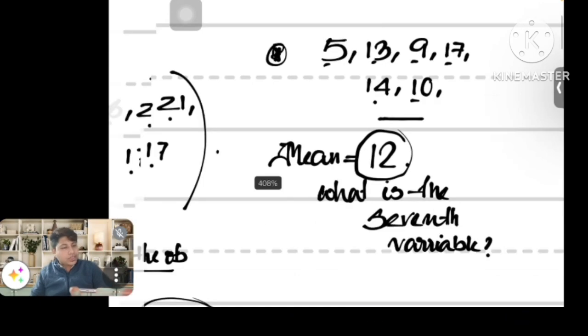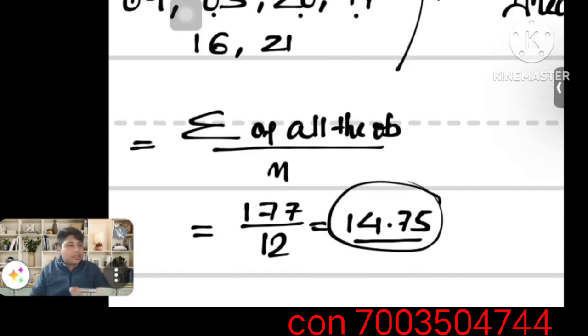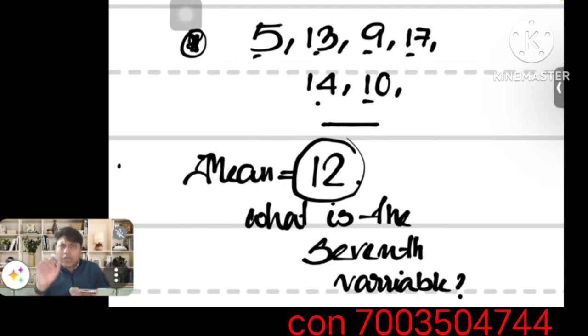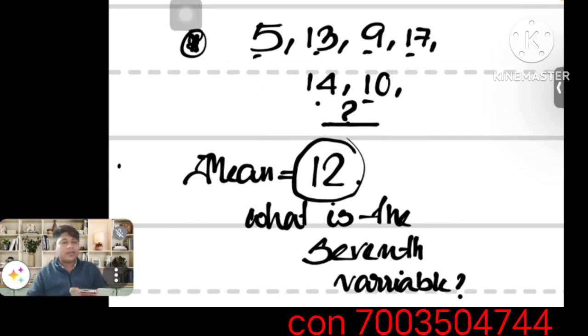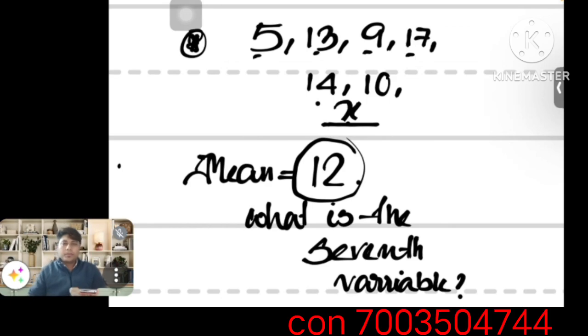Now look here. In the last question, we had to calculate the mean. But in this question, we have already been given the mean value, which is 12. Now the question is, what is the 7th observation, right? How can we calculate? Very simple. Students, remember that if there is a missing observation, you have to put the value x instead of the missing one.